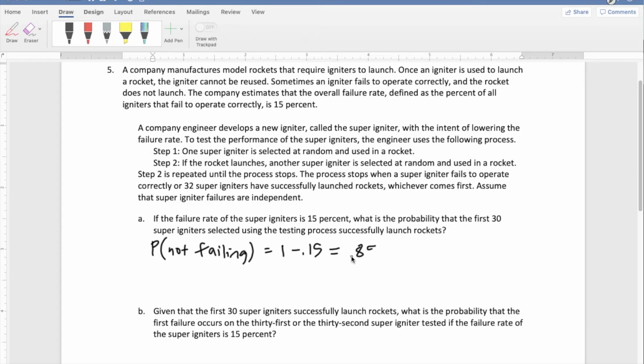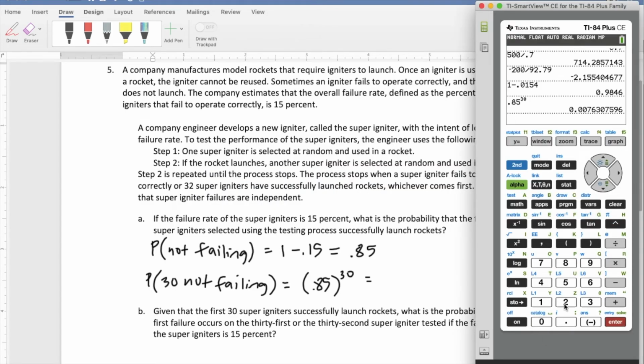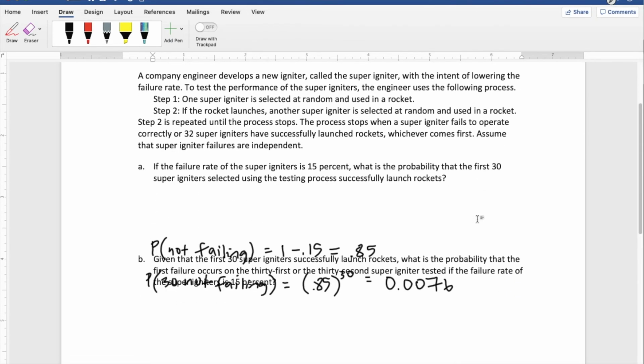And then we want that to happen 30 times, so the probability of 30 not failing is 0.85 to the 30th power, which is 0.0076. So that is part A.